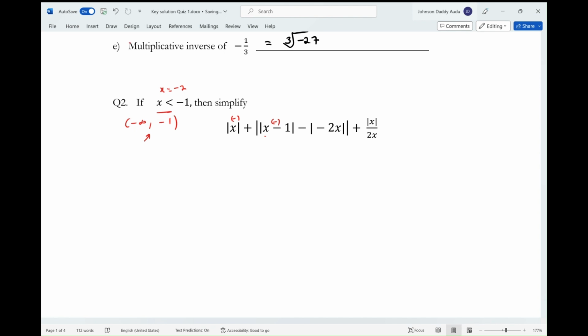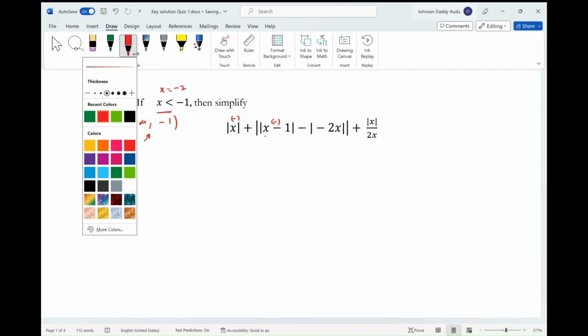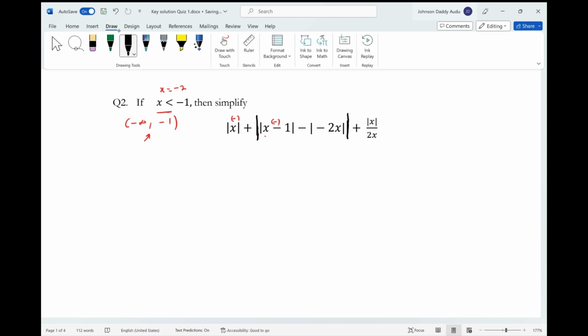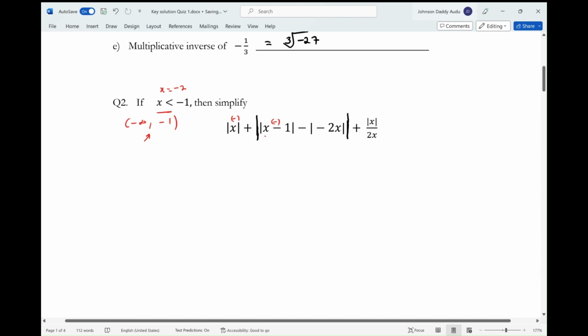Please don't forget that here you have two absolute values. There is a bigger absolute value here. So these are two absolute values here. So take note. All right. So now if x is minus 2, minus 2 times 2 is going to be plus.